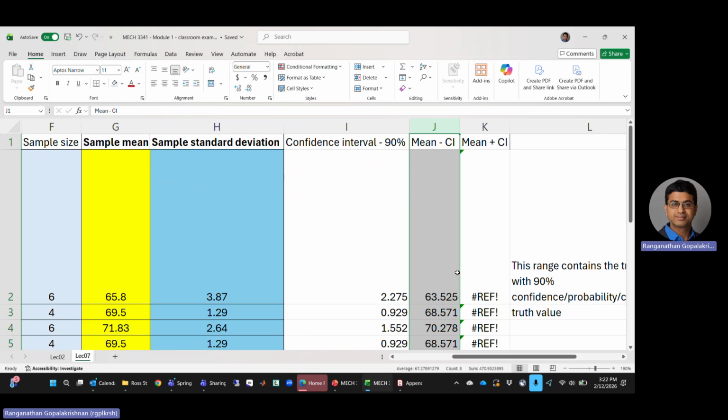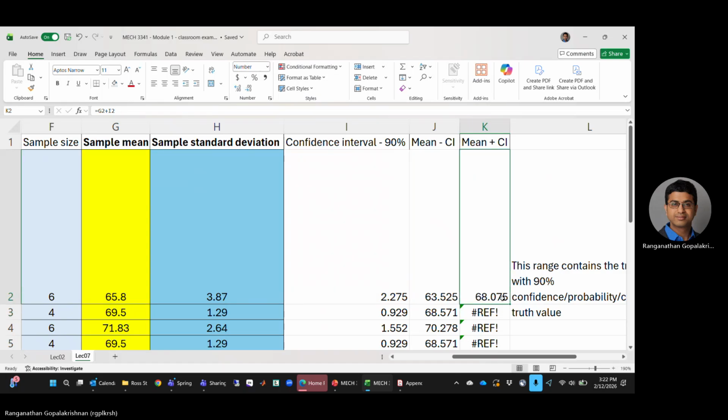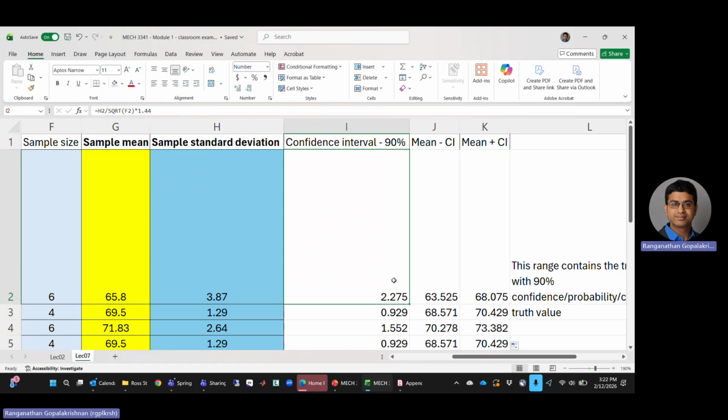All right. Your question is, what does this 2.275 actually represent? Okay. We understand up to standard deviation, right? Standard deviation is a measure of how much the values spread within a small group or within that sample.